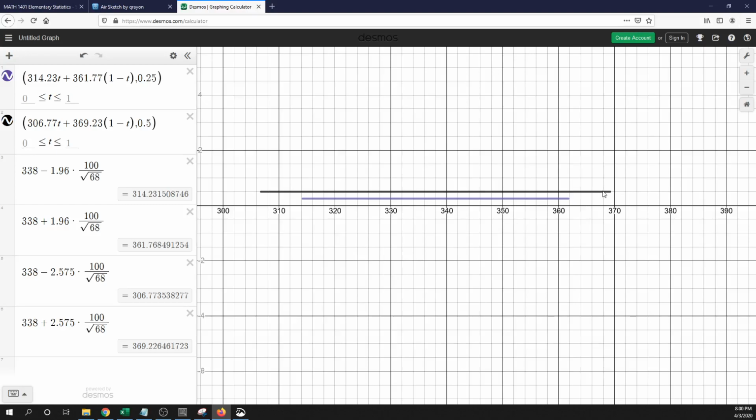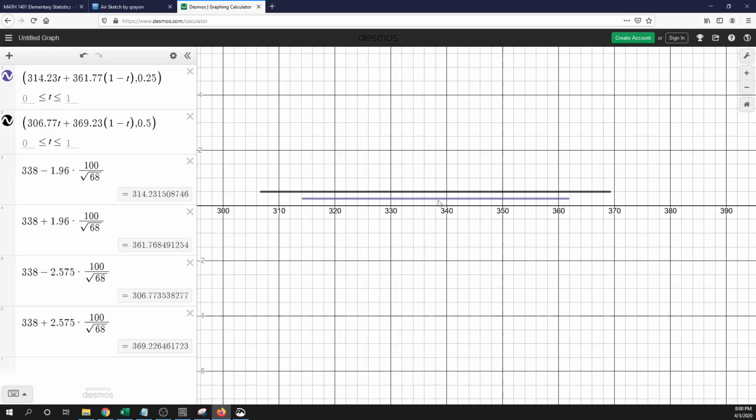When you increase the confidence level, we're 99% sure that the population mean is somewhere within the bounds of the black confidence interval here. That's our 99% level. So then when we drop the confidence level to 95, we get a more accurate estimate, because it's smaller.